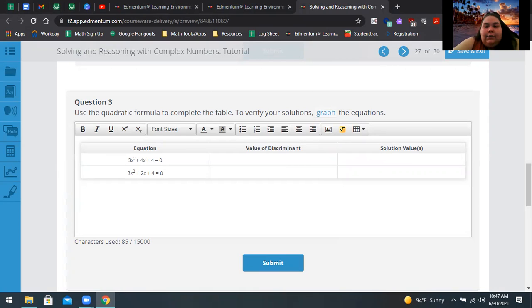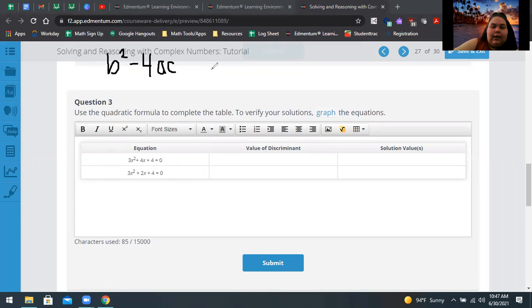It asks for the value of the discriminant and the solution values. We learned about the discriminant, remember, which is b squared minus 4ac. Again, the first thing we need to double check on our equations: is it equal to 0?